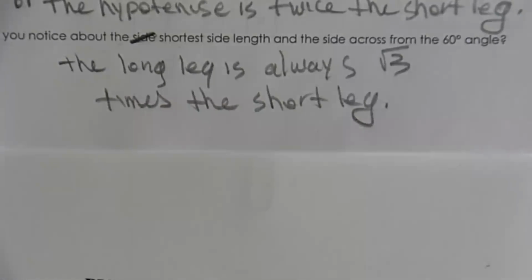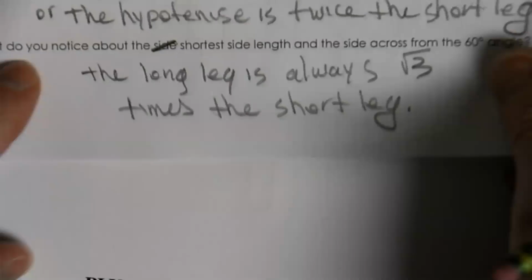The long leg across from the 60 is always root 3 times the short leg. Now, if you remember, when we did 45, 45, 90, we had root 2. This triangle rule has root 3. So now you've got to keep that rule straight in your head when you're doing some of the problems.